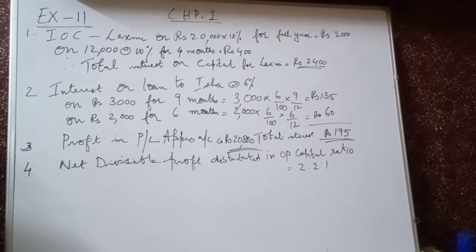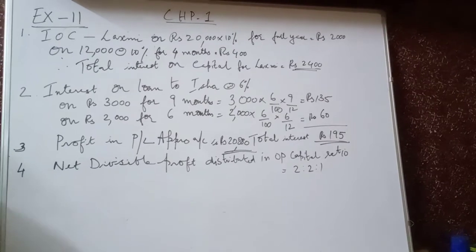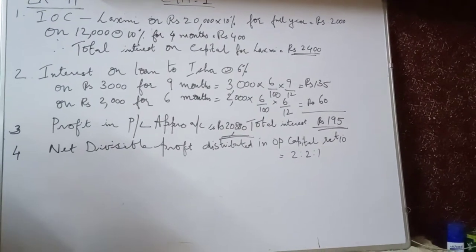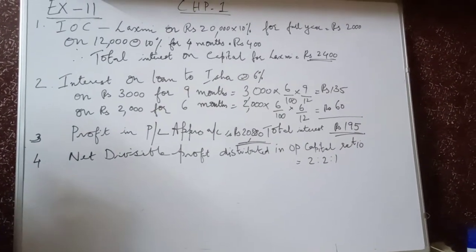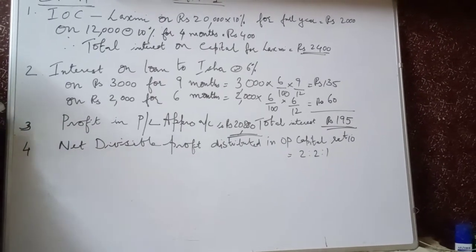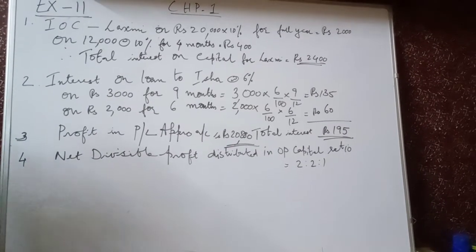Profit for the year ending 31st/3/2017 before incorporation of the above mentioned adjustment but after incorporation of the effects of interest on Isha's loan was 20,880. So that we will be adjusting in the appropriation account and we prepare the partner's capital account and current accounts respectively.